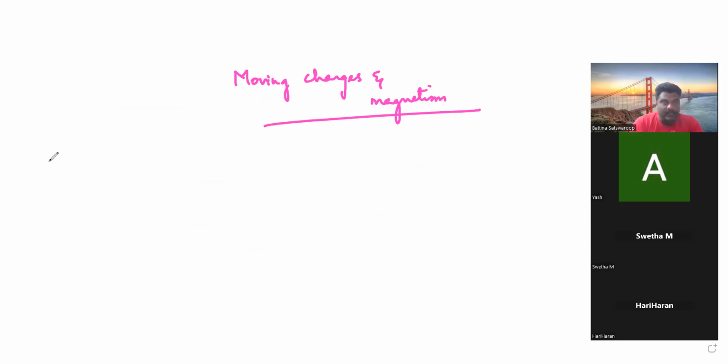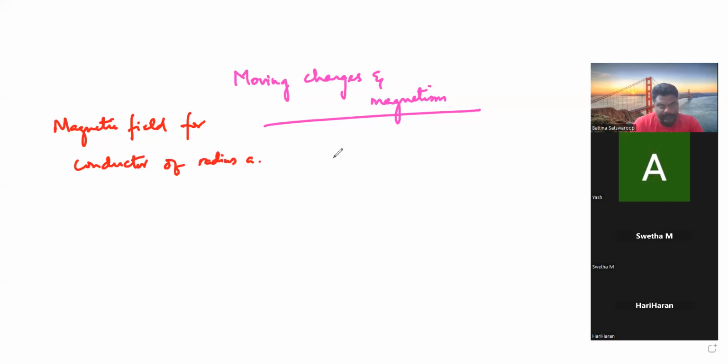So first one, magnetic field for conductor of radius A. Okay.